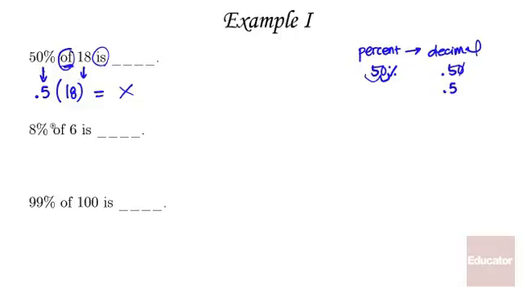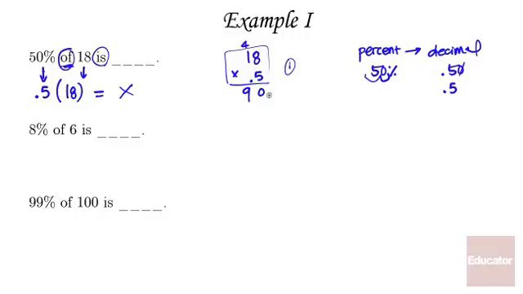So 0.5 times 18, I'm going to write that here, 18 times 0.5, 8 times 5 is 40, 5 times 1, 5, plus 4 is 9. So within here, how many numbers are behind the decimal point? I only have 1.